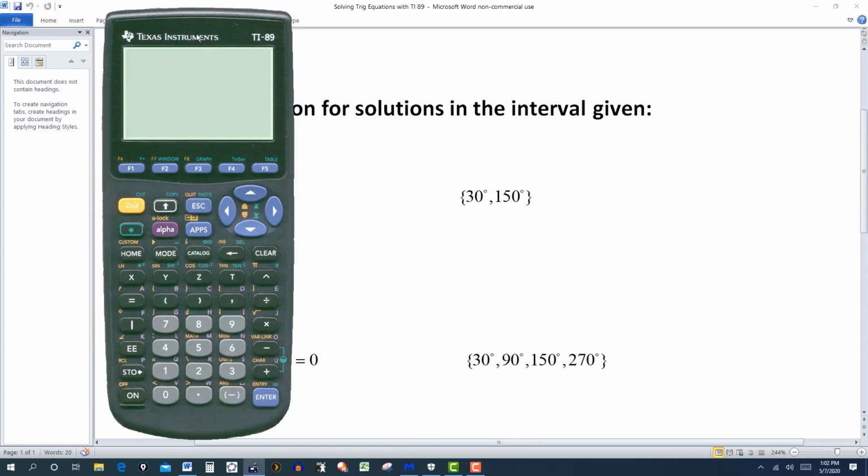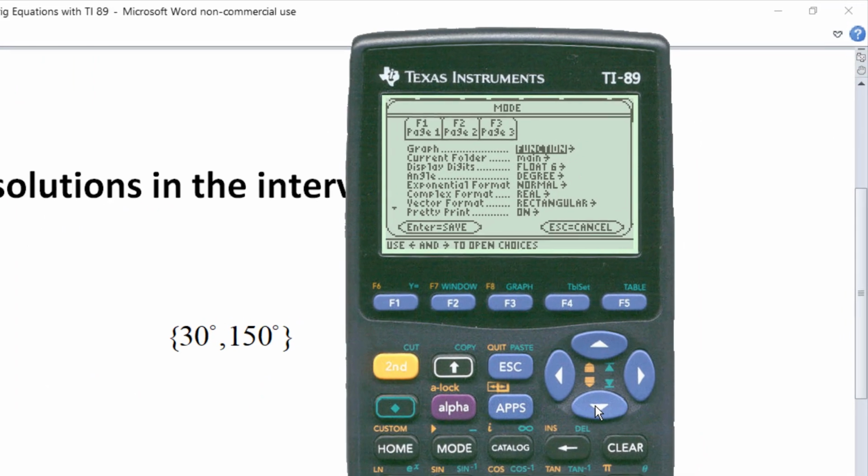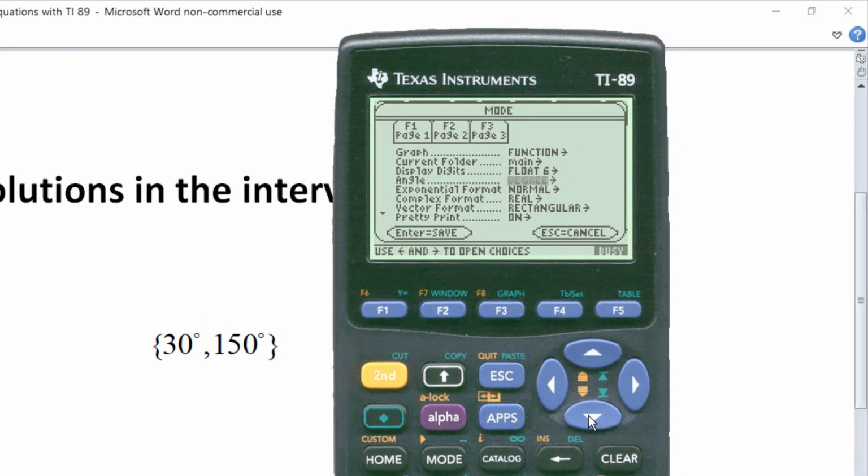We're going to want the answer in degrees, so let's go to mode. This one is set to degrees. And then I have this one set to auto. Let the calculator decide if it can give you an exact answer. It will.